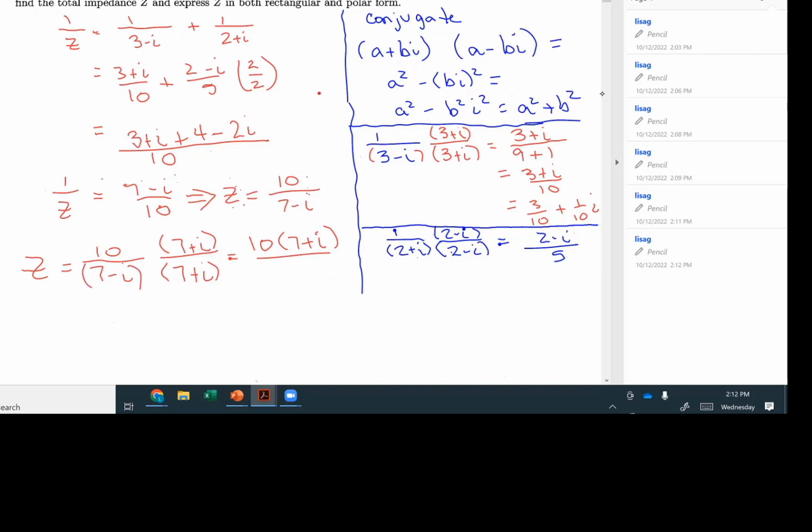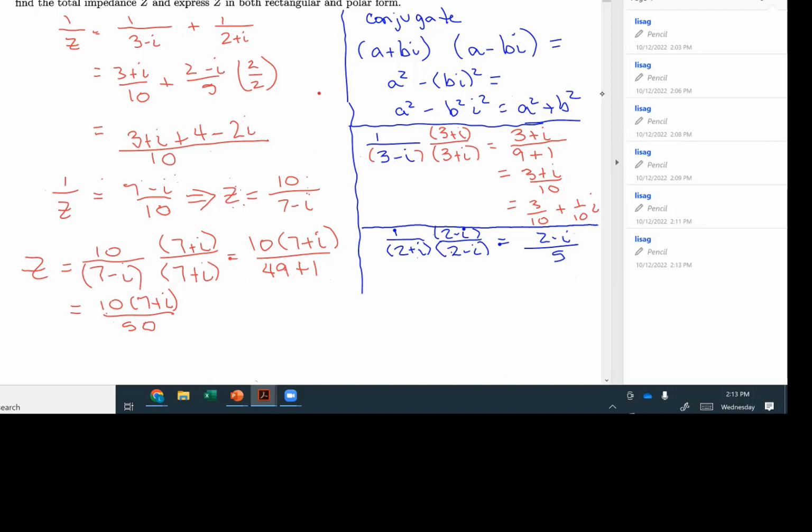I have 7 squared, which is 49, plus, it's always going to be plus because instead of the difference of squares, it's going to be the sum of squares because we have minus I squared, which is minus 1 or plus 1. So that's 50. This becomes 10 times 7 plus I over 50.